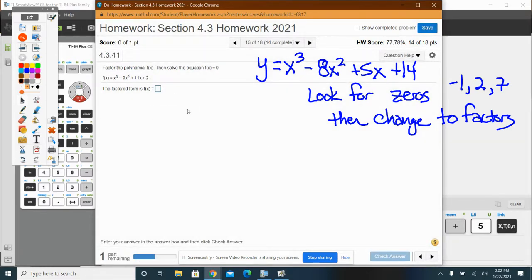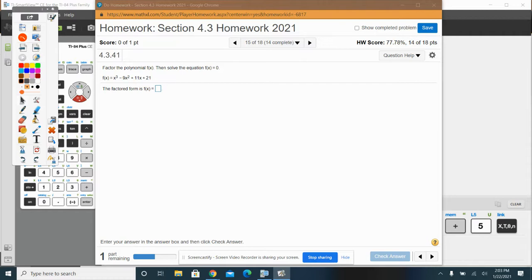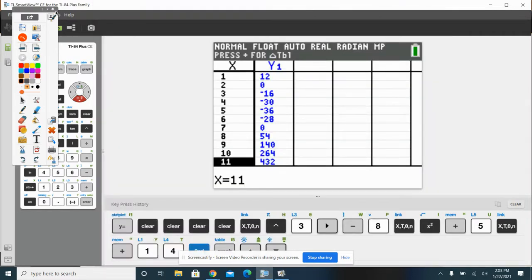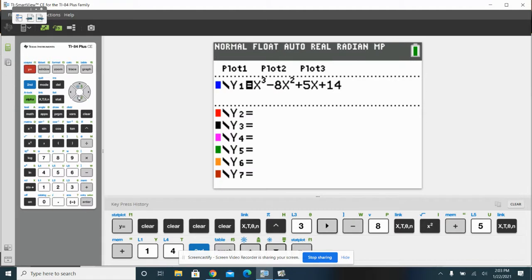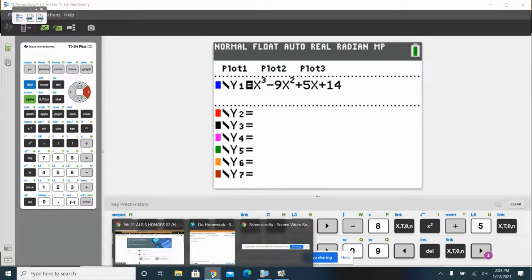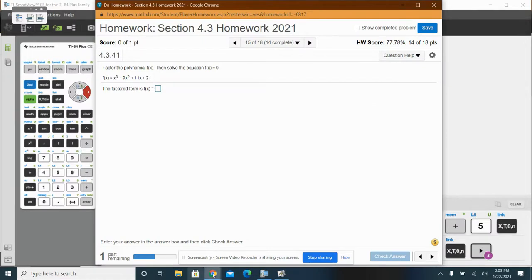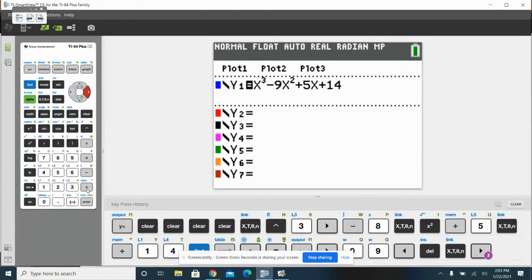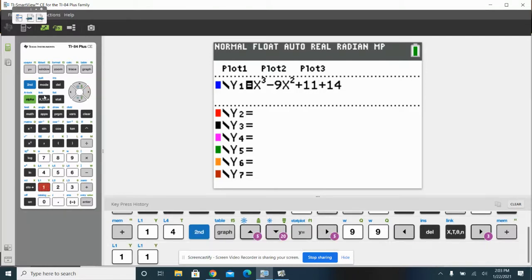Okay, you do this one the exact same way. X cubed minus 9x squared. Let's see. So this time it's minus 9x squared. And then it was plus 11x plus 21. Let's look on our table.